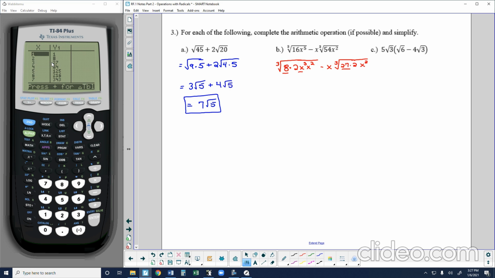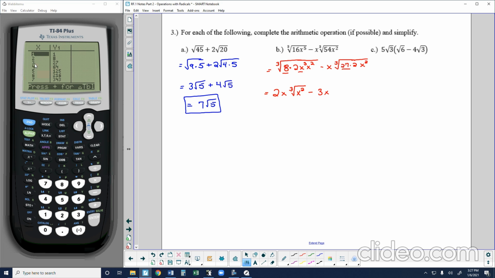these pieces. So the cubed root of 8, if we want to use the calculator in the table, we can. The cubed root of 8 would be 2, because I set this up to find those cubes and cubed roots. The cubed root of x cubed we know would just be x. And then I'd have the cubed root of x squared. The cubed root of 27 would be 3.